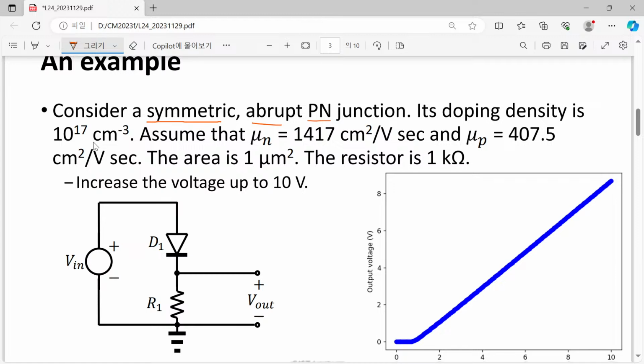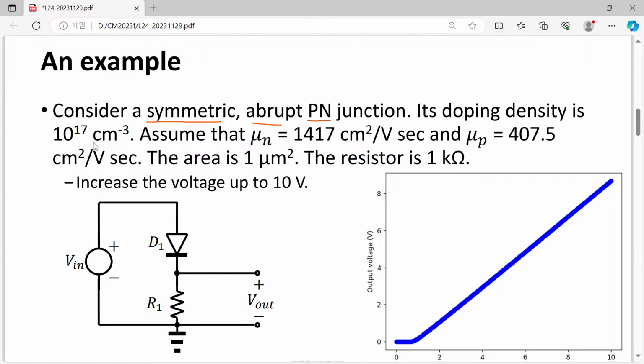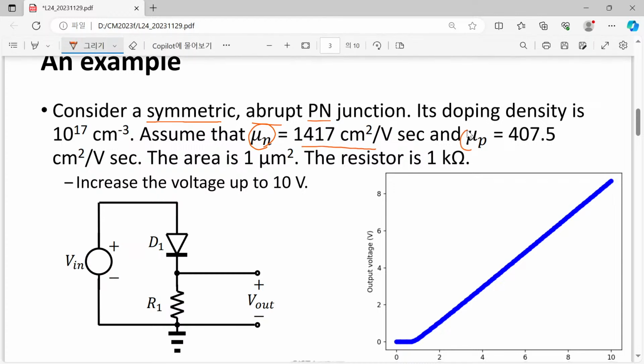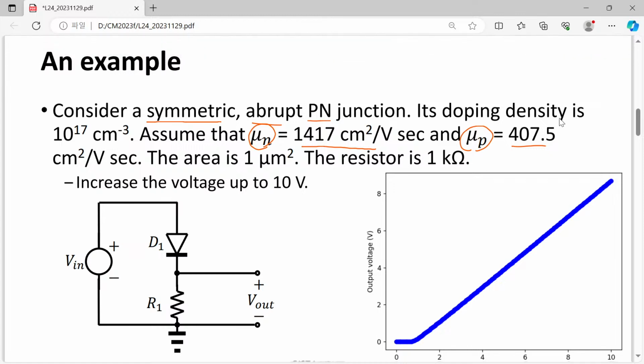We have used this one quite many times, and assume that electron mobility is a constant and hole mobility is also a constant. In reality, electron mobility and hole mobility should be considered as varying quantities depending on electric field or other quantities.